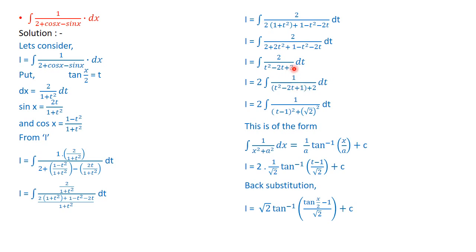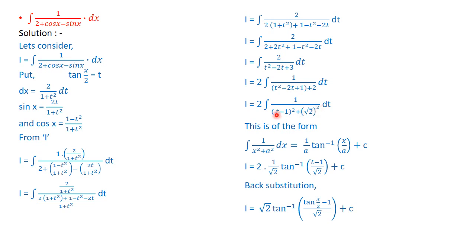So using 1 from these 3 and the 2 here, it becomes a perfect square: t square minus 2t plus 1, and plus 2. This is the perfect square of what? Taking the square root of t square, the sign of the middle term, and the square root of the last term, that is (t minus 1) square, and 2 can be written as (root 2) square.